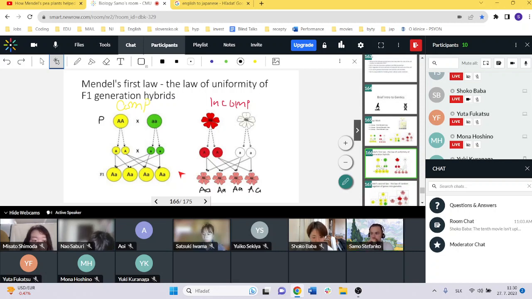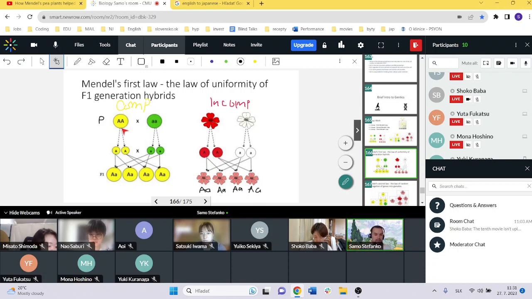All of the offspring will be pink if there is incomplete dominance, and all of the offspring will be yellow if there is complete dominance. So there are no differences in phenotype nor in genotype in the first filial generation. This is very important to know. This is why we call it the law of uniformity. The only difference is that if the trait exhibits incomplete dominance, the generation will have this intermediate phenotype, something neither father nor mother had before. Mother was red, father was white, so we had the blend because something between red and white is the outcome.